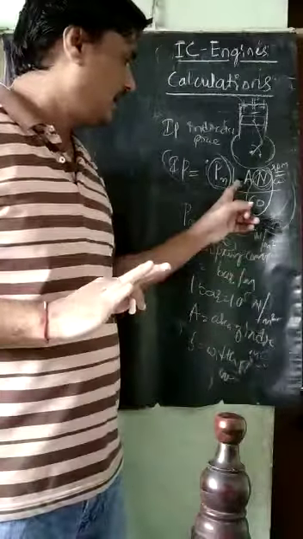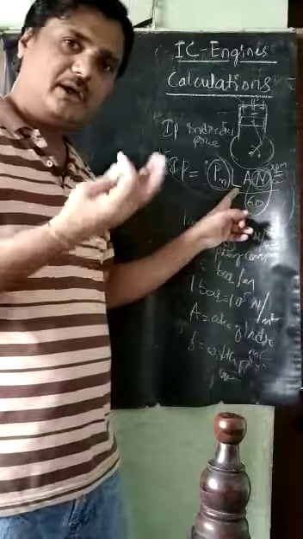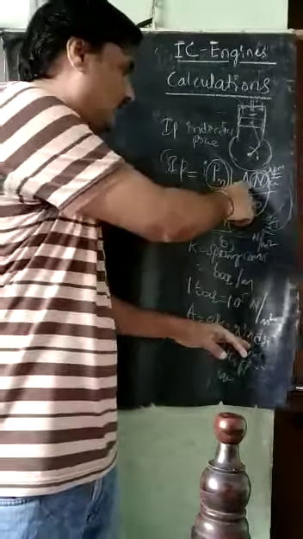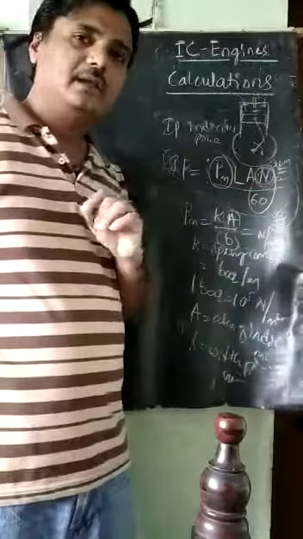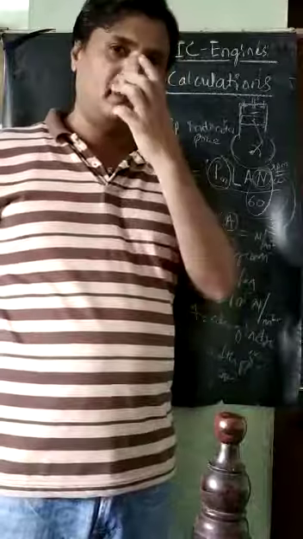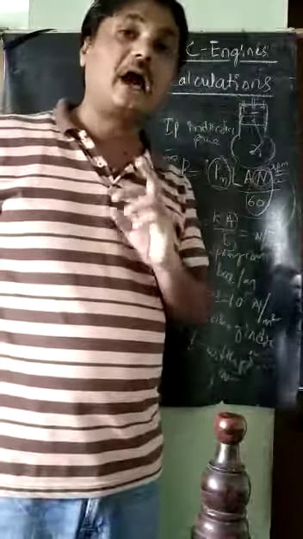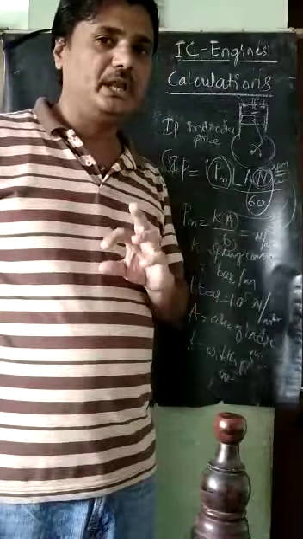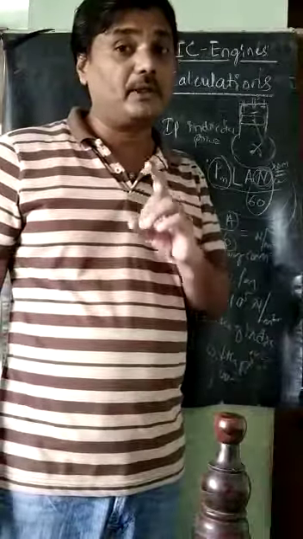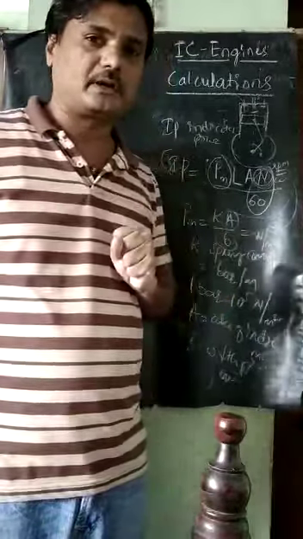L is the stroke length in meter; we have to convert it. A is approximately pi by 4 into d square, as I have told. And n is equal to N by 2 for 4-stroke and n is equal to N for 2-stroke, where capital N is the RPM, revolution per minute. Divided by 60 is taken to convert RPM to RPS, revolution per second.